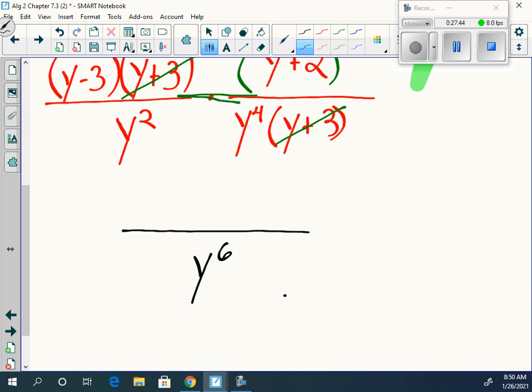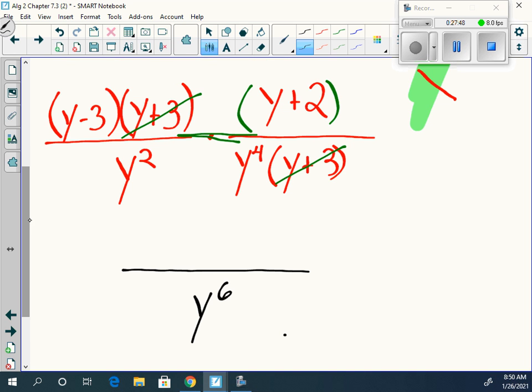They won't cancel out, but they can combine. Right? But we can't just say 2y minus 1. We can't just add or subtract those because they're being what? They're being multiplied together. So we have this left over.